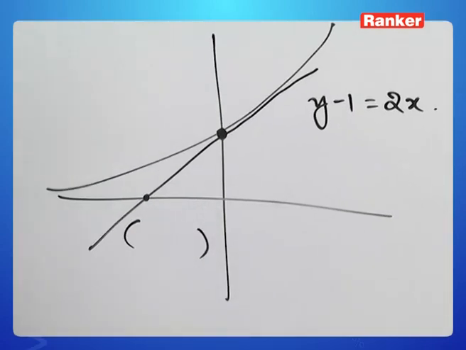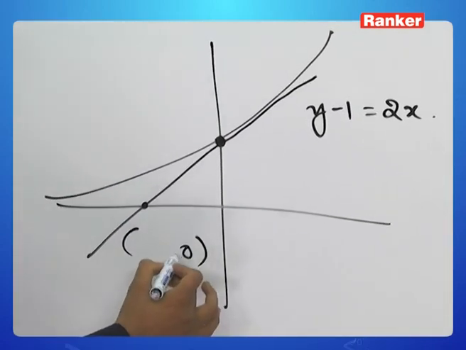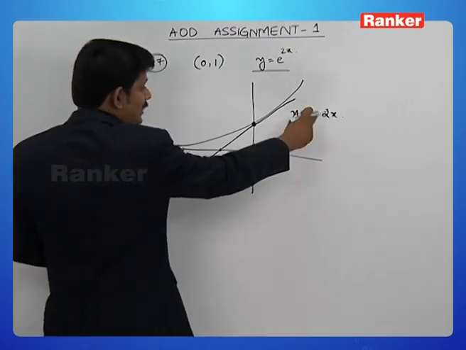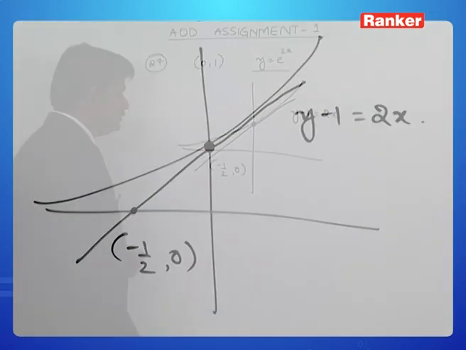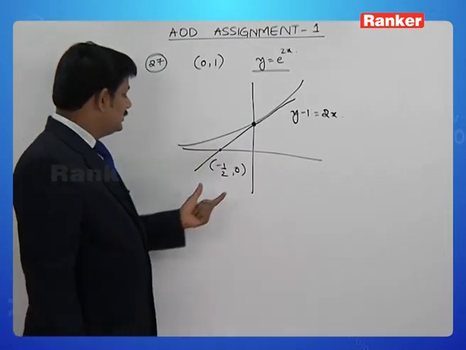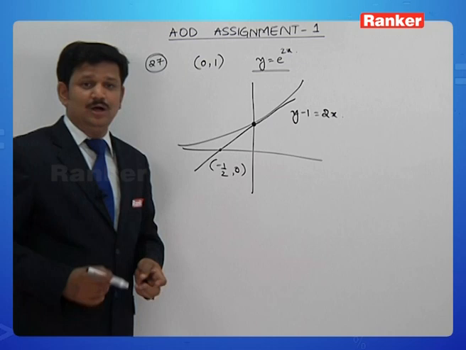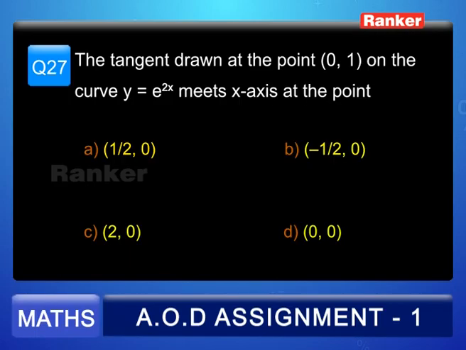It cuts the x-axis where the y coordinate is 0, and the x coordinate would be -1/2. So it cuts at the point (-1/2, 0), which is option B. So the answer is option B.